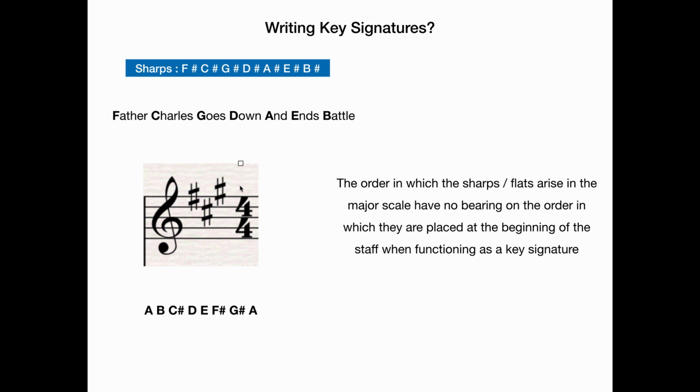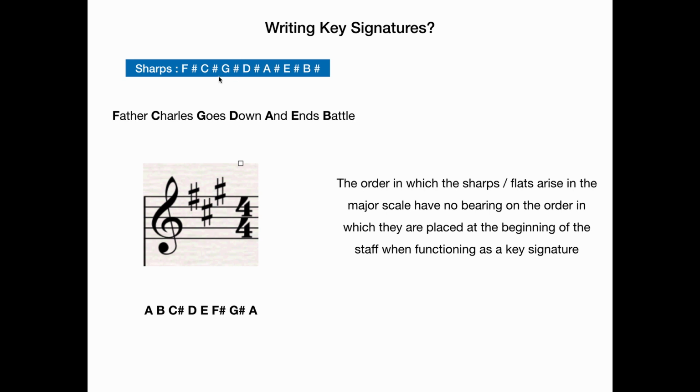As I'm sure some of you have already gathered, we could similarly apply this logic in a kind of reverse manner. So if someone asked you, for example, to write the key of A major, you know that the last sharp featured in the key signature is going to be a semitone below A, which is a G sharp.